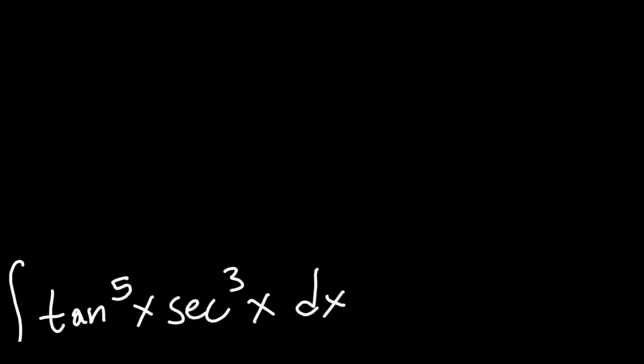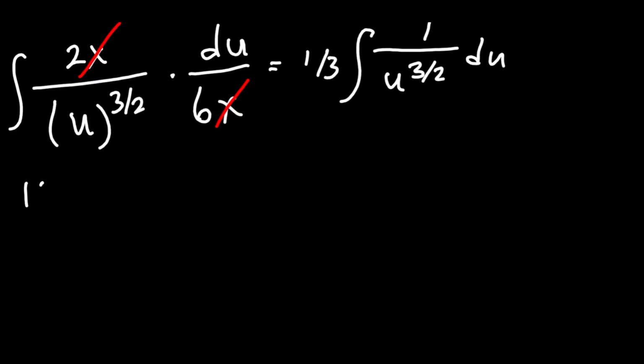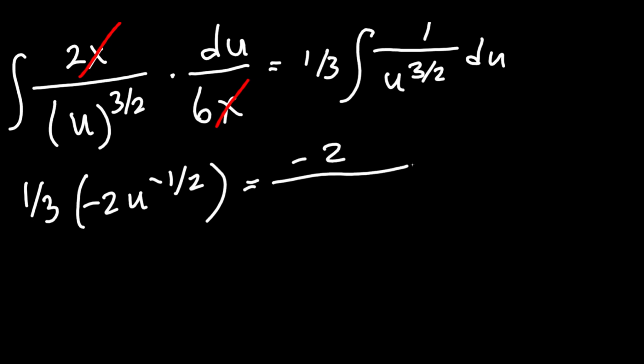So it's going to be 1/3 times -2 u to the -1/2. So the final answer, or supposedly the final answer, is -2 over 3 root u.